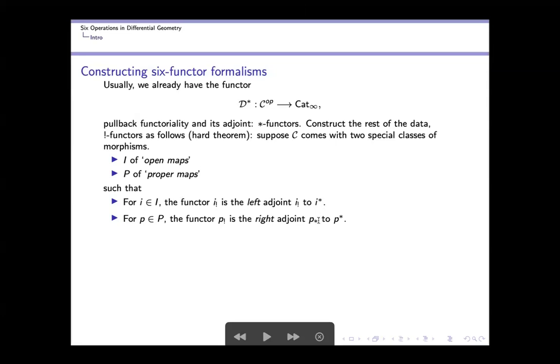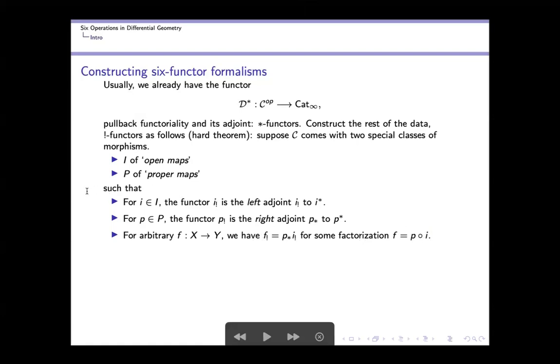That's the lower star, and you declare the lower shriek to be the same as the lower star. For a general map that's neither open nor proper, what you demand is that there is some way to factorize an arbitrary map as an open map followed by a proper map. Then you define the lower shriek for that map as this composite for some factorization.